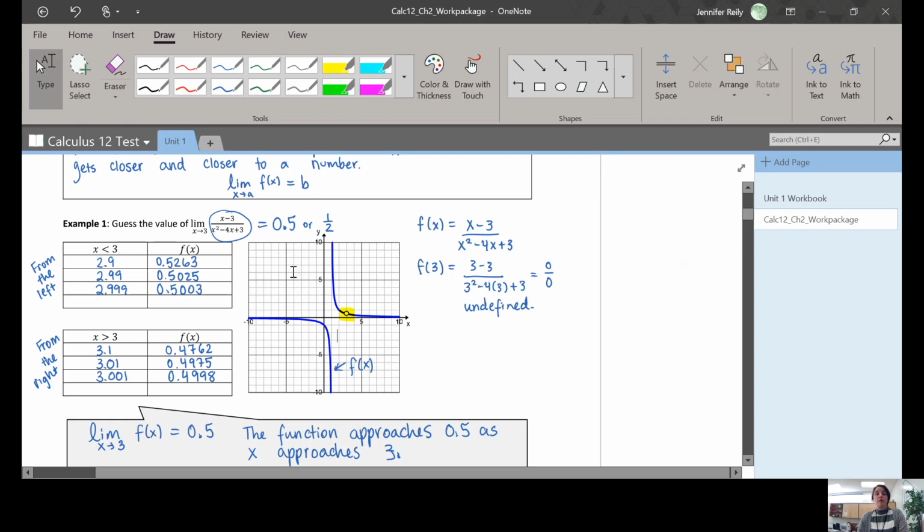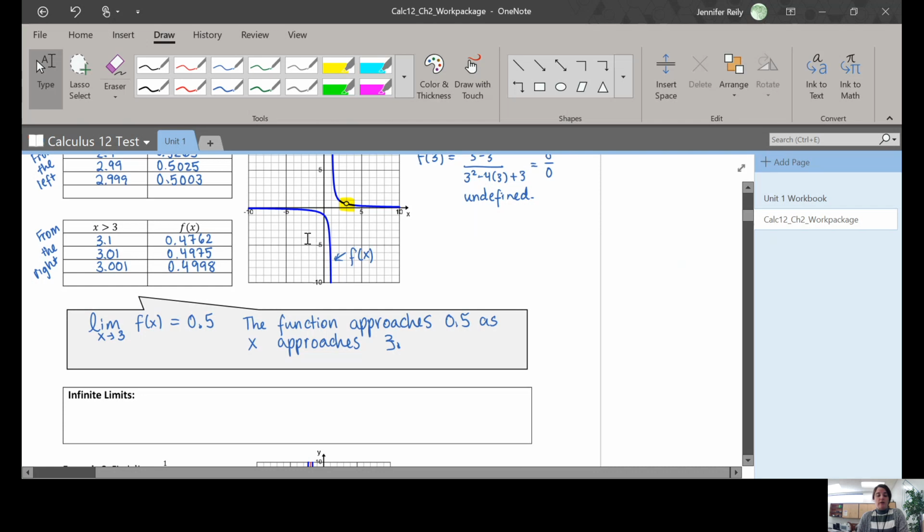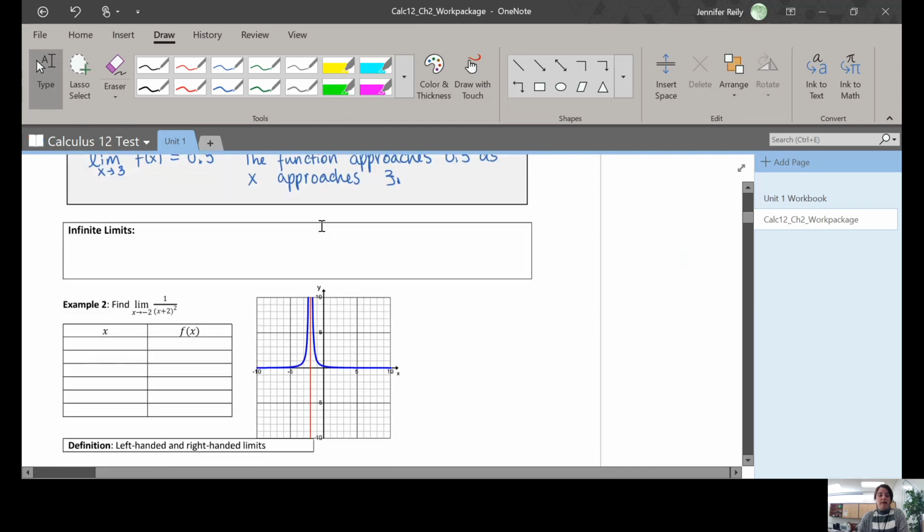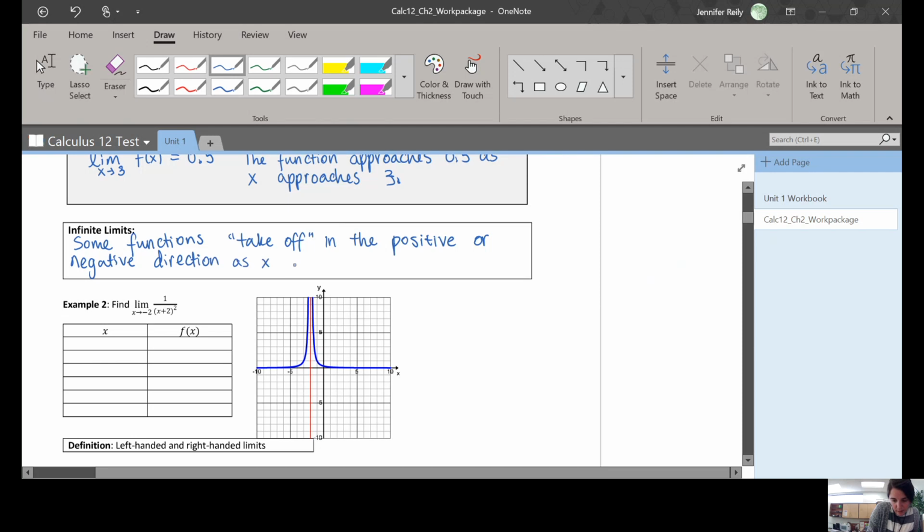Sometimes the limit's going to equal infinity or negative infinity. So these are called infinite limits, and these happen usually where you have asymptotes. So some functions take off in the positive or negative direction as x approaches a value.